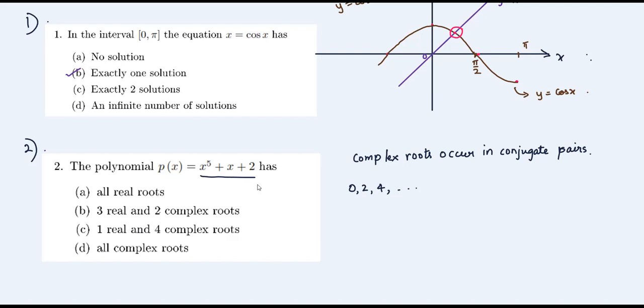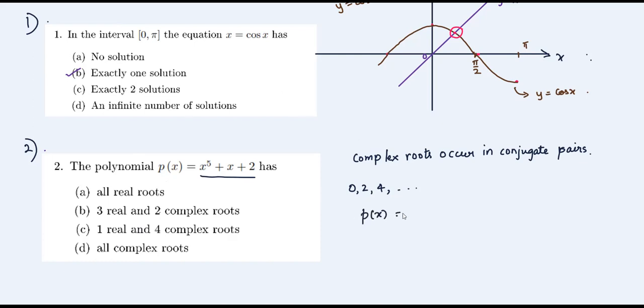So either 0, 2, or 4 complex roots, which means real roots can be 5, 3, or 1. Now, how can we identify which one? For that, let us differentiate this expression. We have to use the concepts of calculus now.